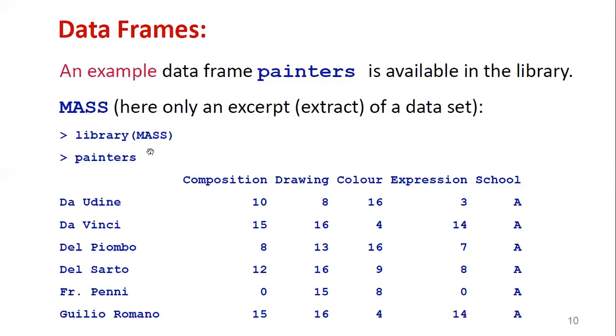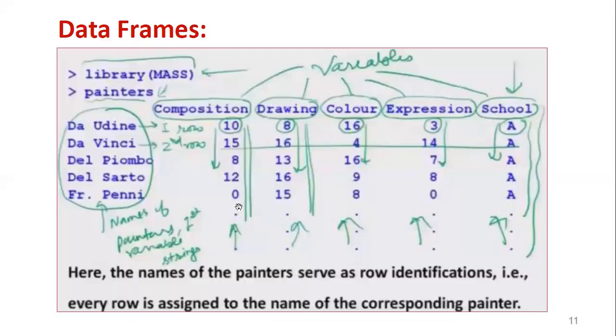We will also see the observations and the total number of records using some commands. So initially you call that library, then you call the data set painters, and you can observe what attributes and records are present in this data set painters.